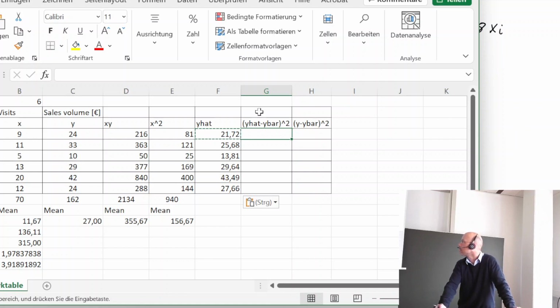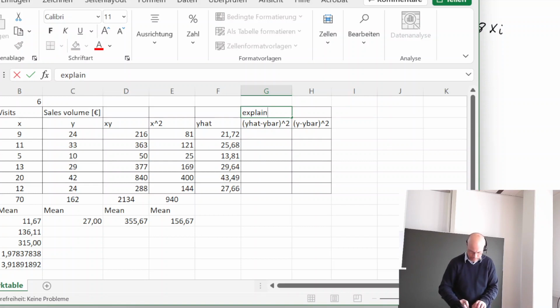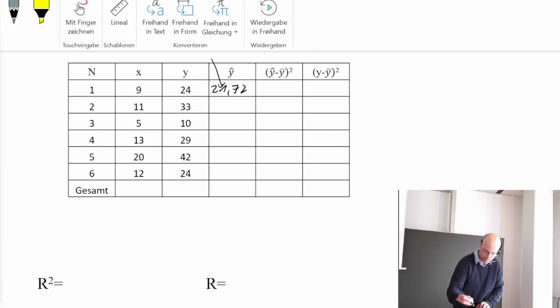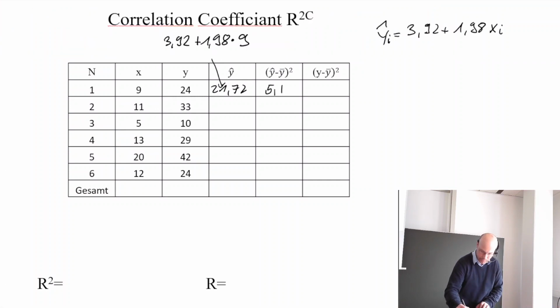So here we obtain, opening the bracket, y hat minus y bar squared.